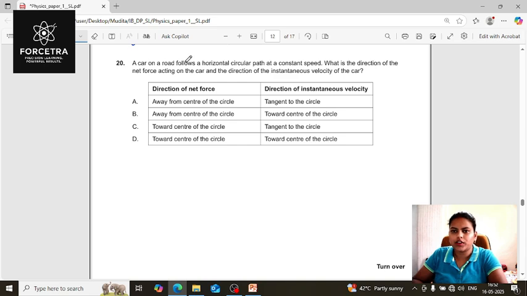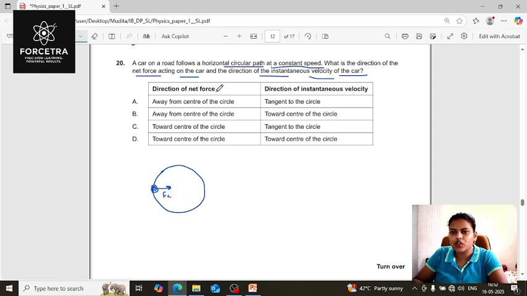A car on the road follows a horizontal circular path at constant speed. What is the direction of the net force acting on the car and the direction of instantaneous velocity of the car? Whenever there is a horizontal circular motion with constant speed, the force acting on the body is towards the center, which we call centripetal force.